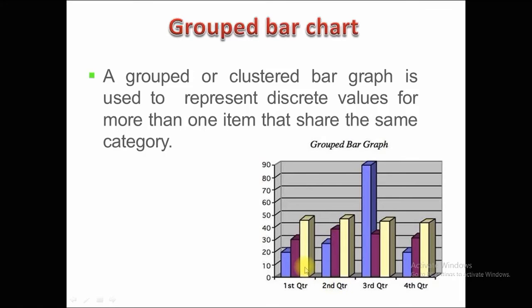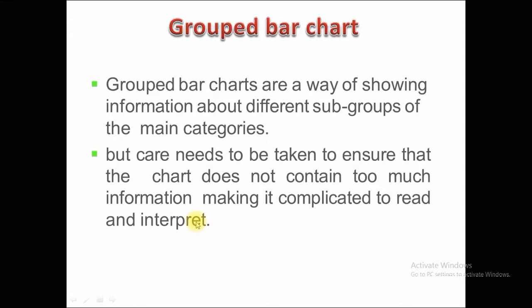The category is the same, but these are the four groups of that category. So grouped bar charts are a way of showing information about different subgroups of the main categories. But care needs to be taken to ensure that the chart does not contain too much information, making it complicated to read and interpret.